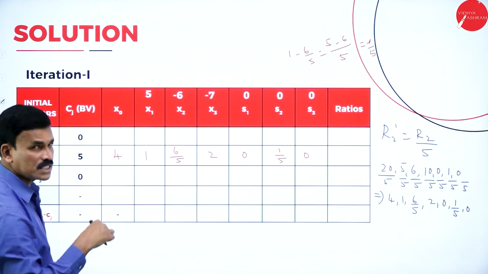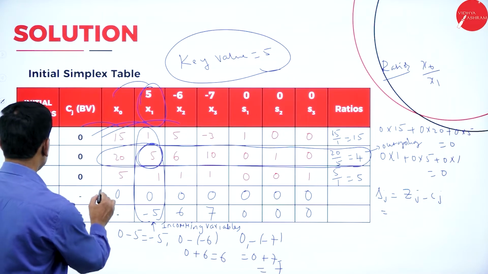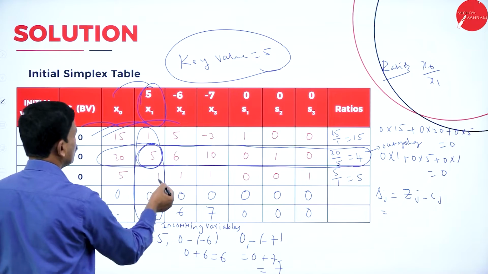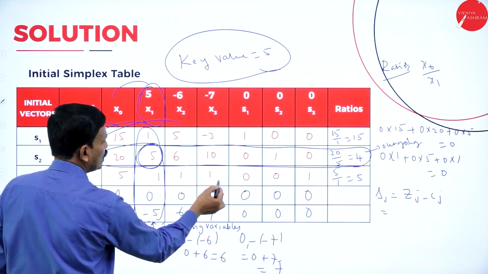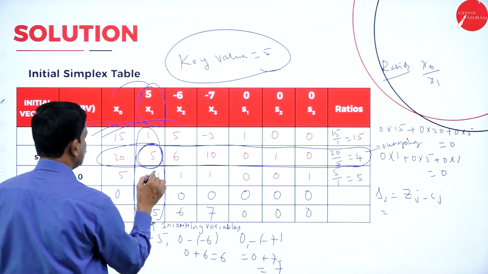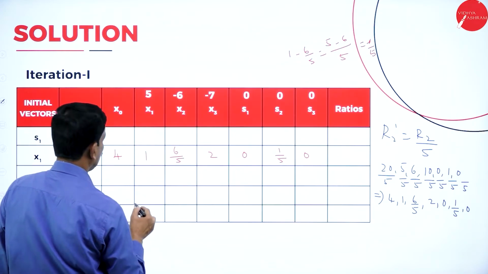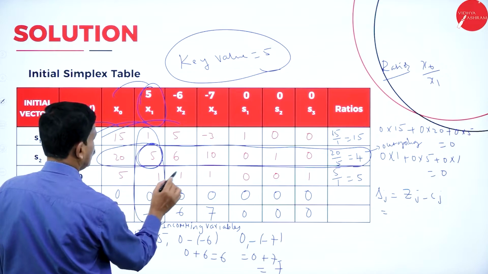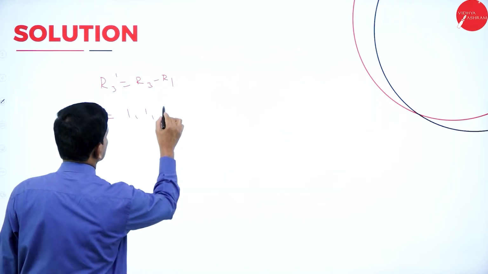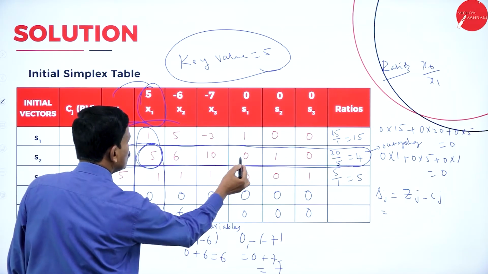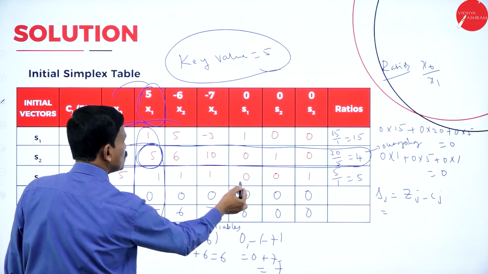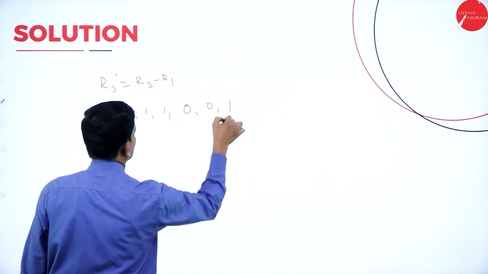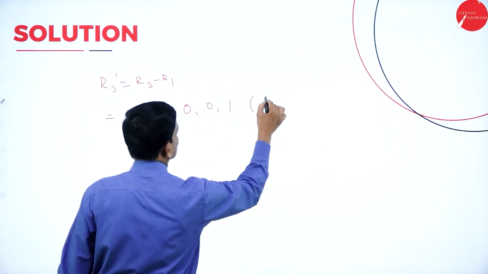In the initial simplex table, the row R3, considering the coefficients of x1, is 1, 1, 1, 1, 0, 0, 1. This is R3.